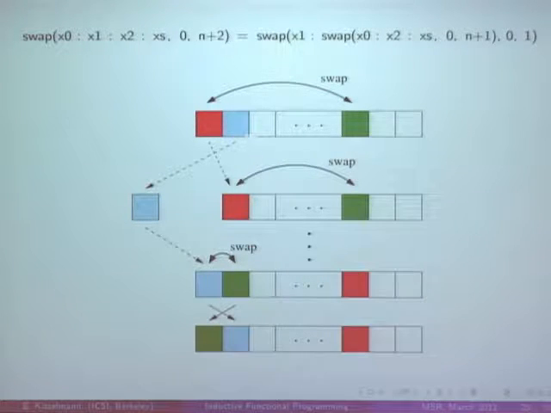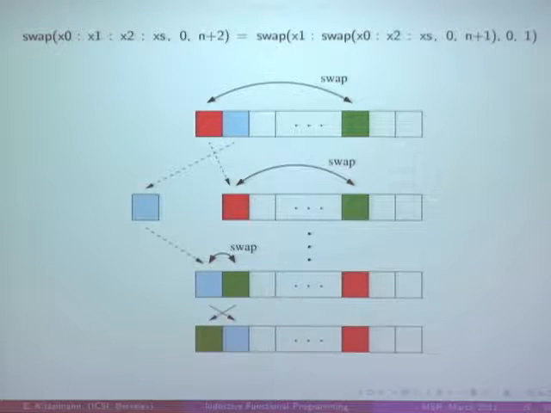We just extract the second element from the list, the x1 here, put the first element in front of the rest list, then we swap again these two elements, the inner recursive call here, and then this is the result, where these elements are swapped, and then we put back the second element to the front of this list and do another swap on the first two elements here. Okay, and then we are done.